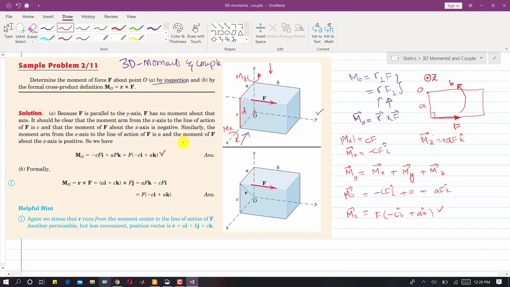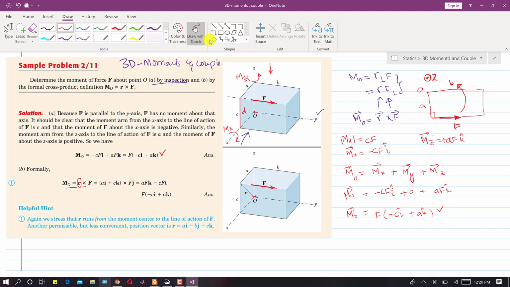And now we will use this definition, that is M_O is equal to R cross F, right? So now we will draw a moment arm, that is R, and that moment arm could be from the axis of rotation to any point on the line of action of this force, right? So this could be R and this could be R as well.